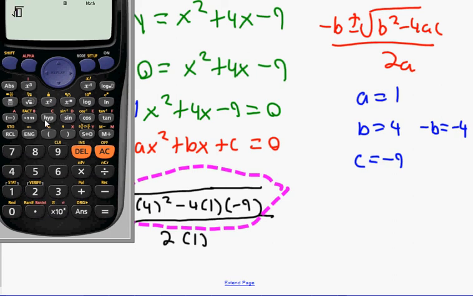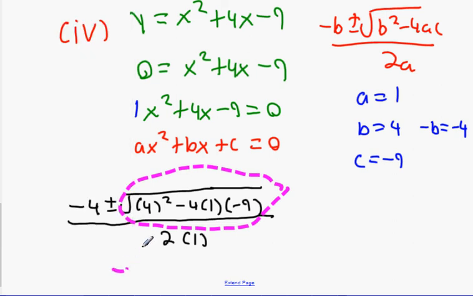The square root of 4 squared minus 4 bracket 1 bracket minus 9 close bracket, and what we get here is 2 root 13. Now look at this, minus 4 plus or minus 2 root 13 all over 2.